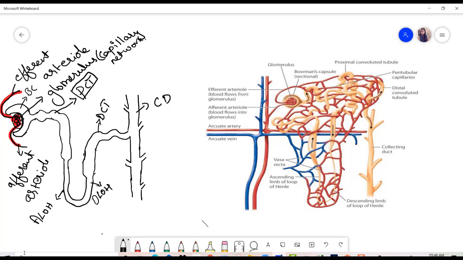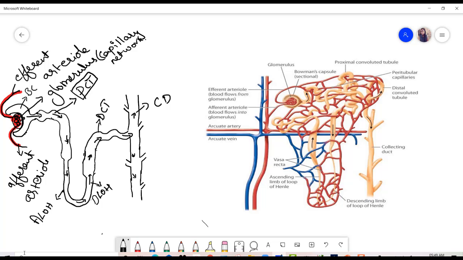This filtrate goes into the capsule, and from here enters the proximal convoluted tubule, then the loop of Henle, then the distal convoluted tubule, and from there it goes into the collecting ducts.